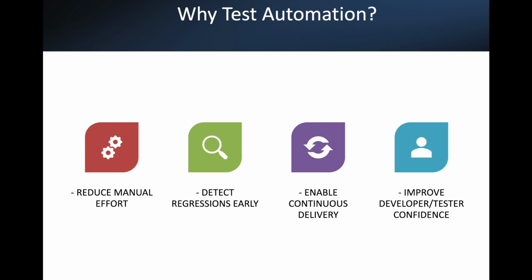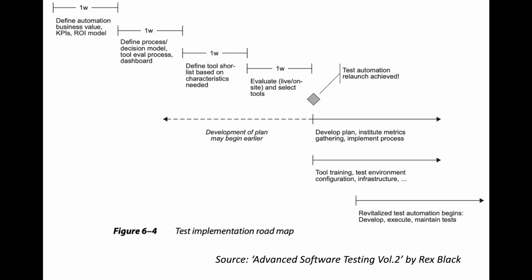Let's check Advanced Software Testing by Rex Black, where he defined the test implementation roadmap. He defined the list of stages that you need to walk through before creating your first auto tests. First, you need to define your automation business value, to calculate your KPIs, and to define your ROI for your business.